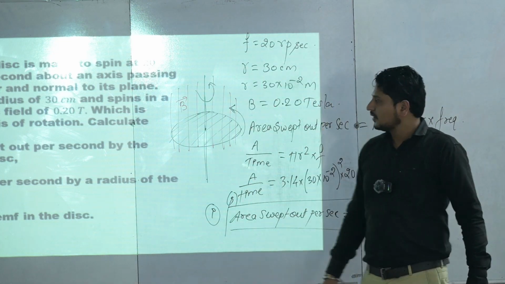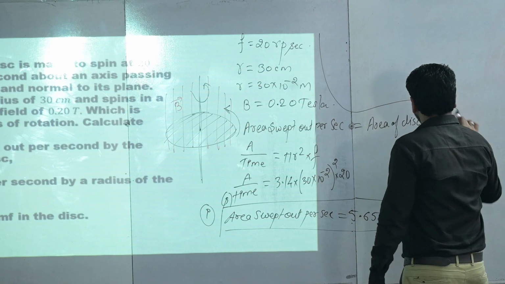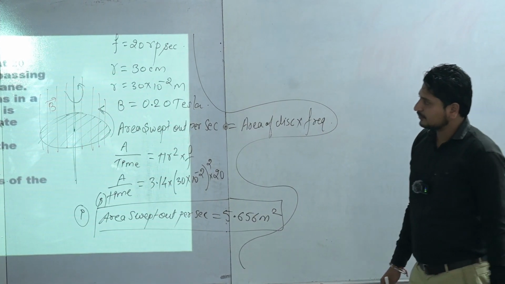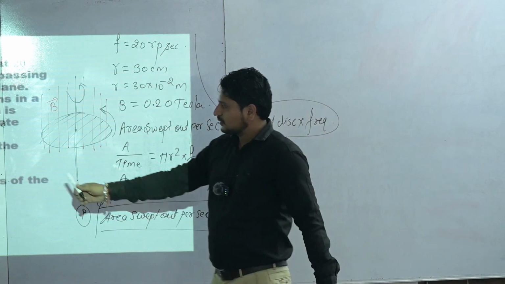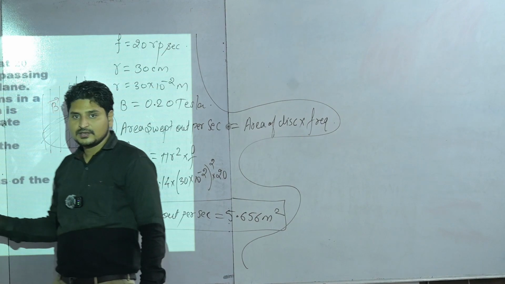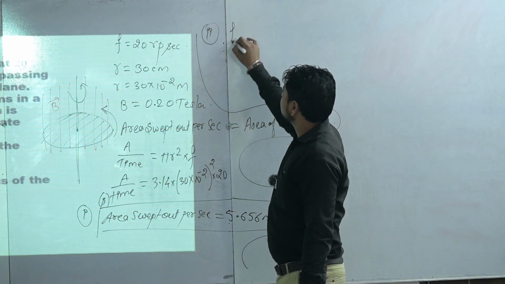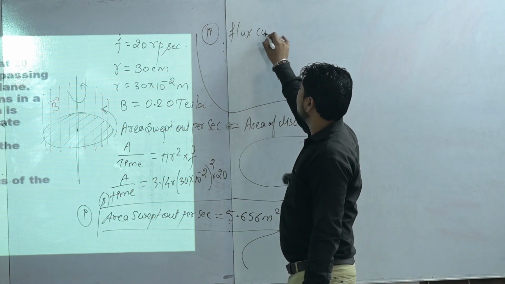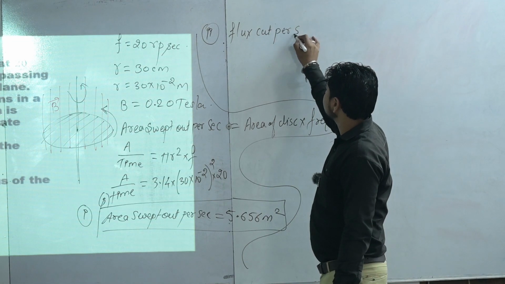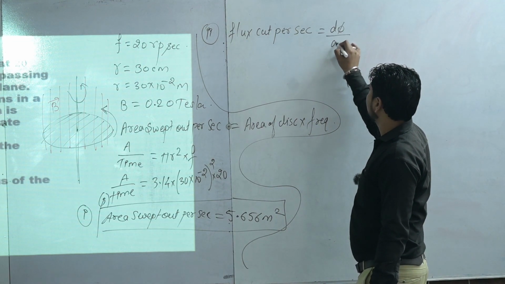So what is your second term? The second term is the flux cut per second. So what we have to calculate in the second term? The flux cut per second. It is represented by d phi divided by dt.